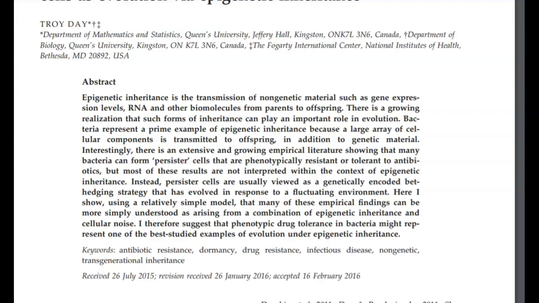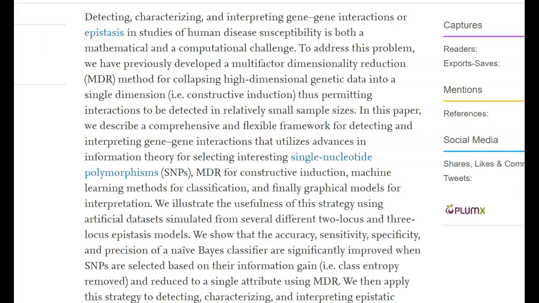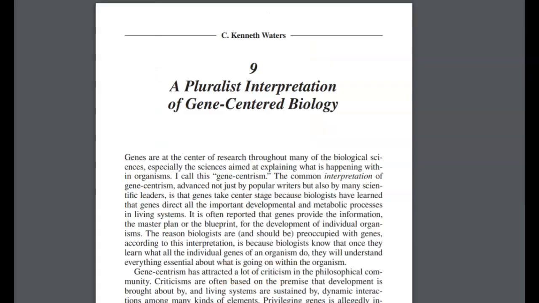Okay, so here we've got another article. This is one about epigenetics, right? And over here we had an article that was about gene-gene interactions or epistasis, and maybe you want to define those terms as principles of heredity biology.